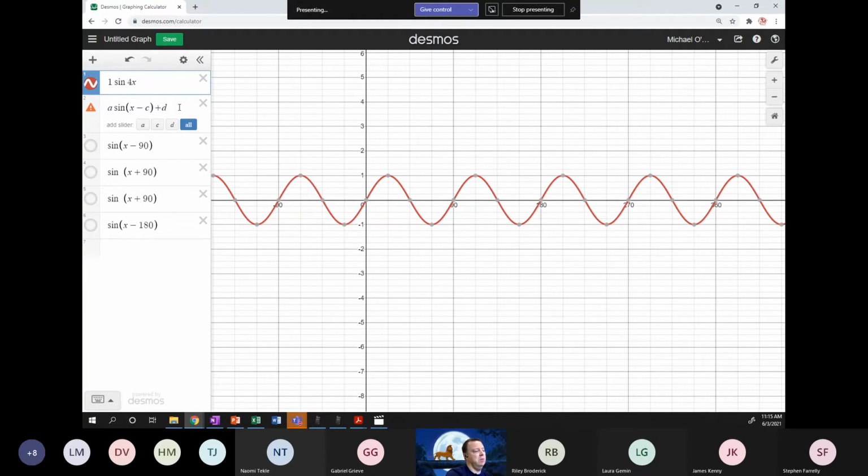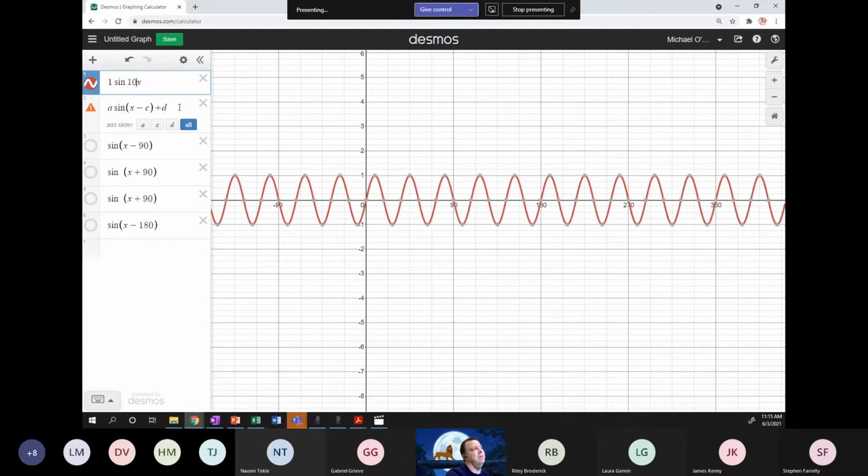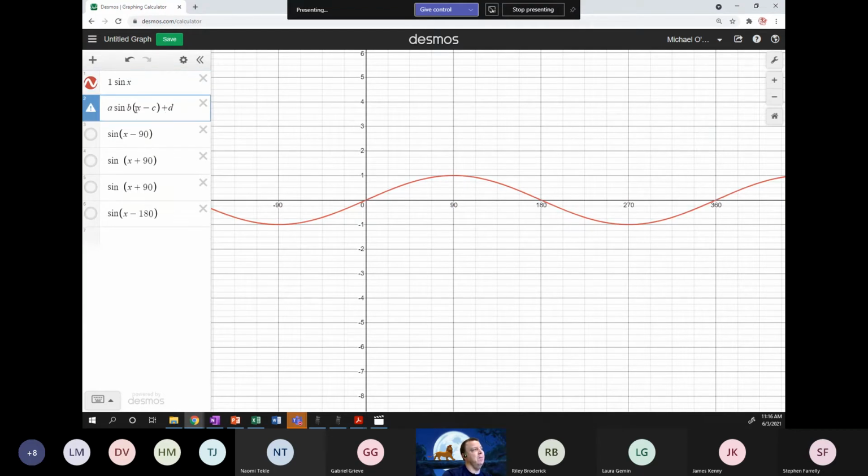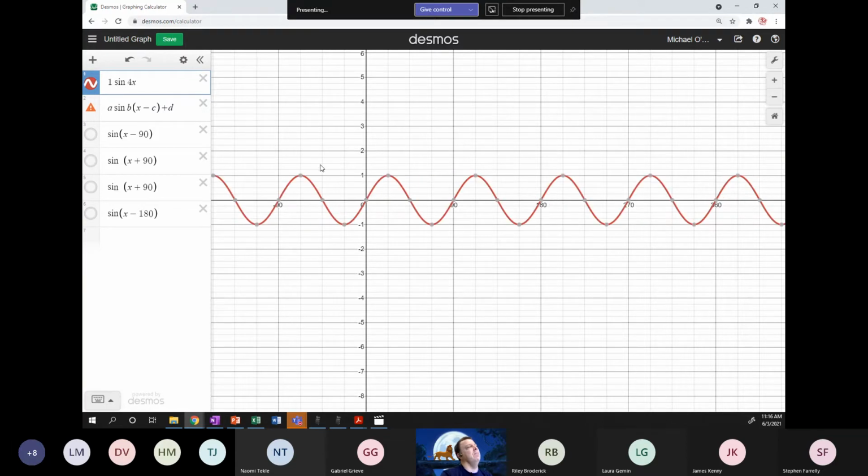So just in case you're wondering, hey, why is there A, C, and D? Where's the B? Well, the B is right there, but we're not going to deal with it in this class. All it does is take 360, the period, and divide it by whatever number you put in there. 360 divided by 4 is 90, so the whole thing fits within your period, which is now 90.